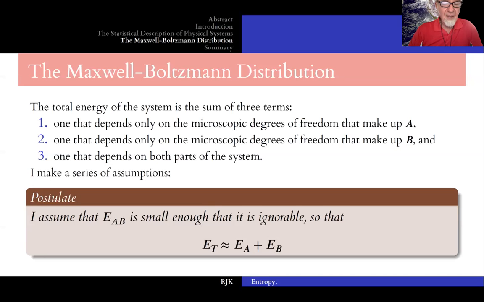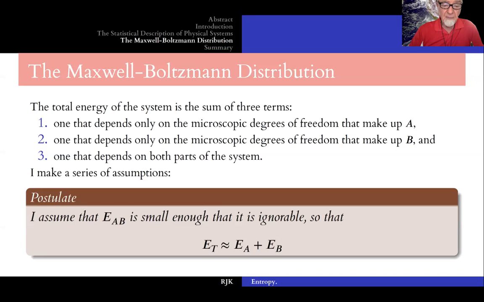Anyway, the first one depends only on the microscopic degrees of freedom that make up A. The second one depends only on the microscopic degrees of freedom of B. And the third one is the one that depends on both parts of the system.